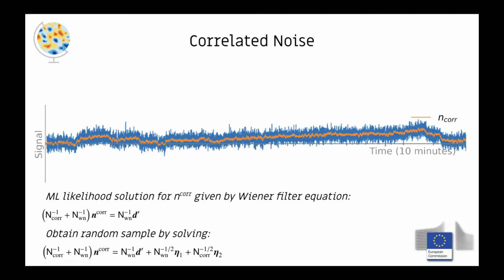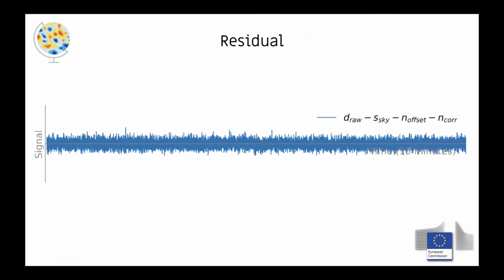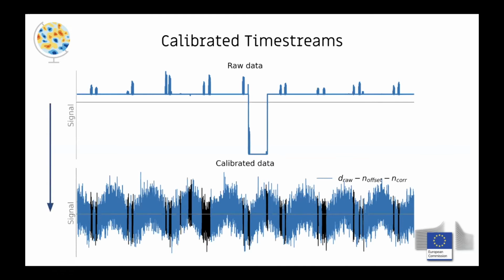When we subtract that off of the residual, and if we have gotten good solutions for the noise term and the offsets, then we get a residual which looks white. We do that for all the 10-minute segments that we have. To sum up, we start out with the raw data, which has huge jumps.